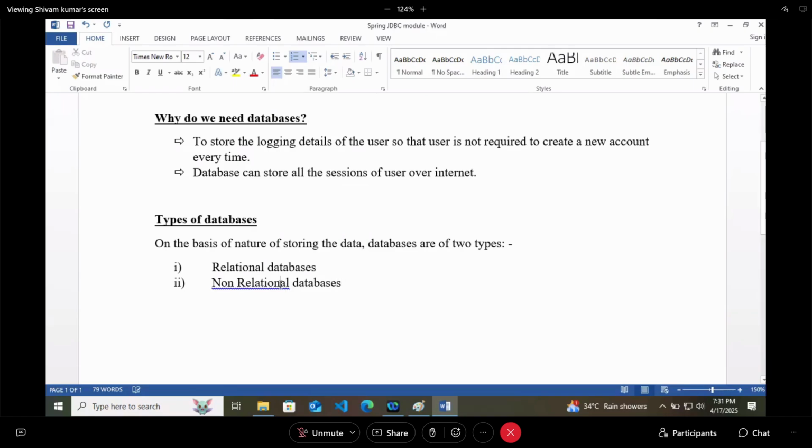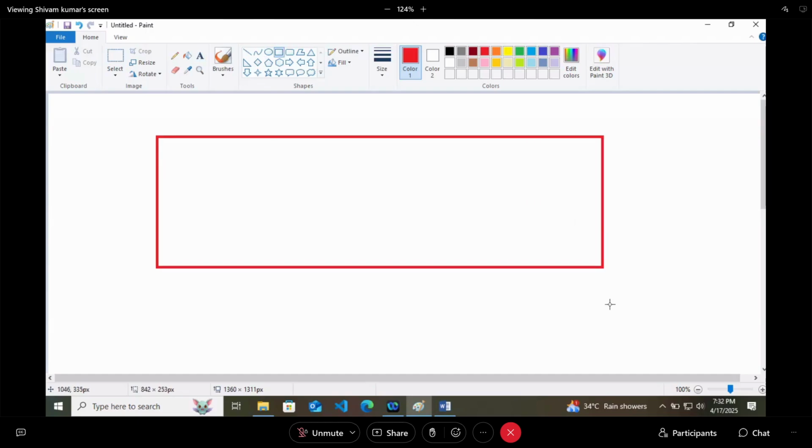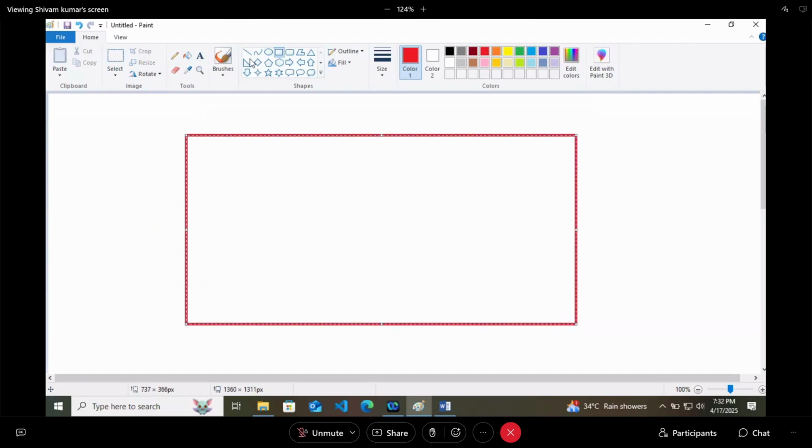Any knowledge about these two, relational and non-relational? The word itself is saying relation. It means that in relational databases, the data will be stored with a relation with each other.